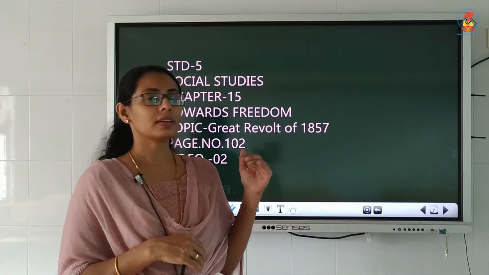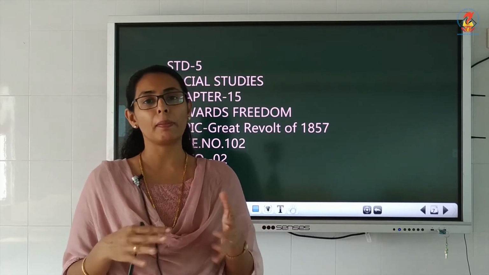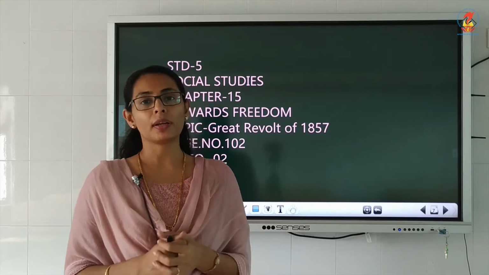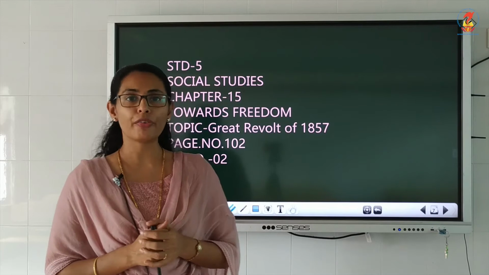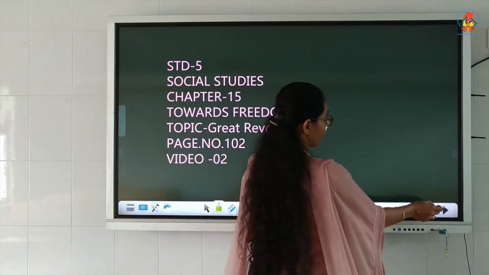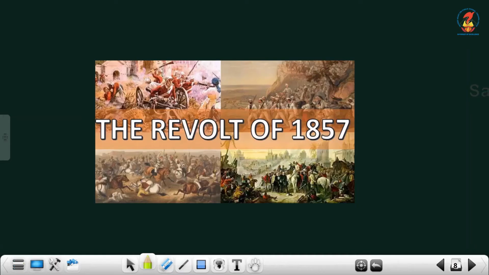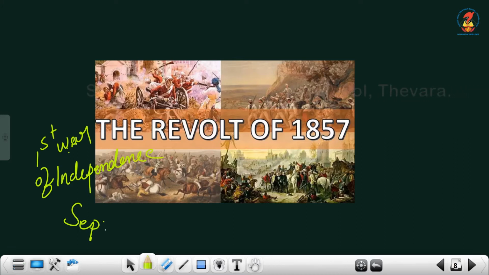Slowly, the people started protesting. An important protest that we are going to study today is the Great Revolt of 1857. It is also known as the First War of Independence, and also as the Sepoy Mutiny.